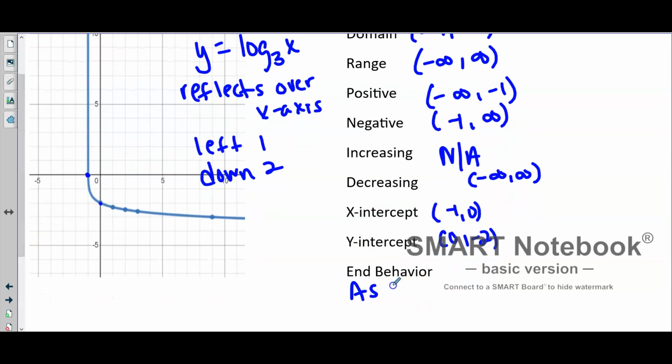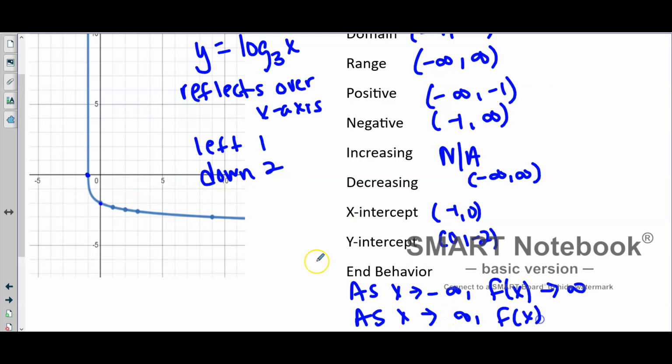So we'll say as x approaches negative 1, there's two ends. It's in the second and in the fourth quadrant. So as x is approaching negative 1, the y, which is our f of x, is approaching positive infinity. And then as x approaches positive infinity, the f of x, the y values are going down, so that's approaching negative infinity. So that's your basics of graphing log functions.